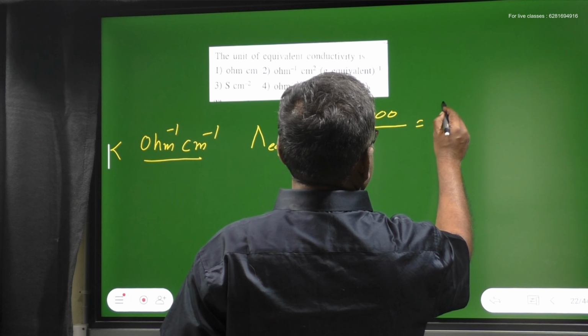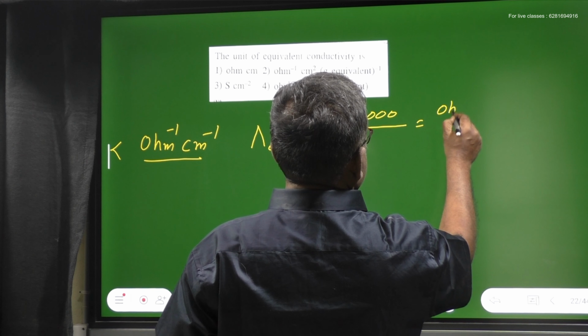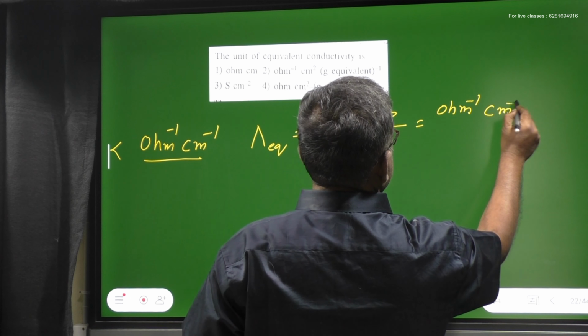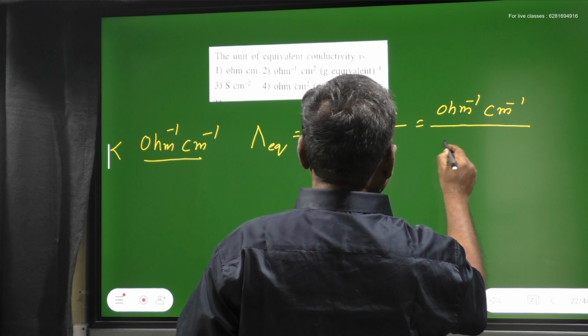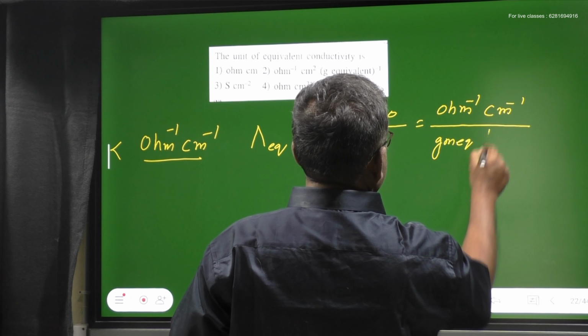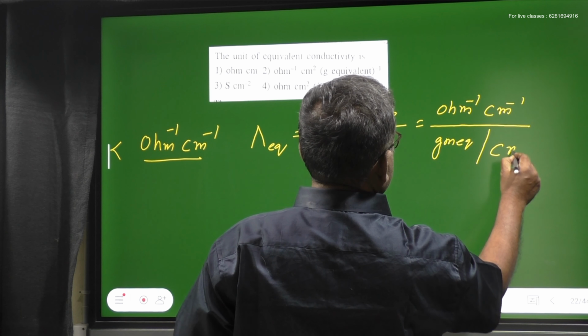So per ohm per centimeter divided by gram equivalent per cubic centimeter.